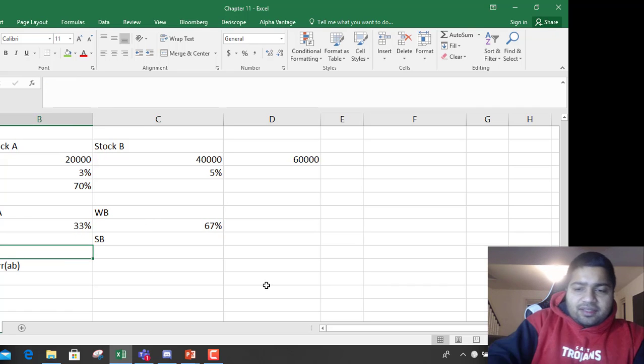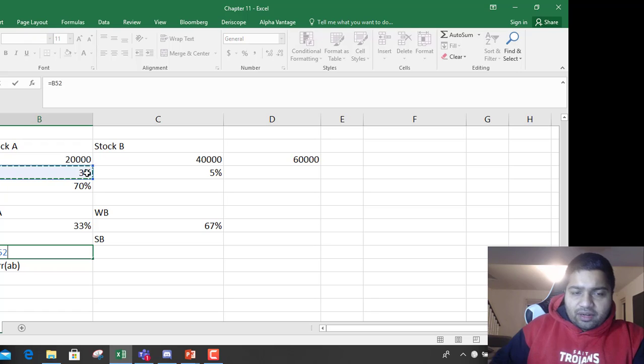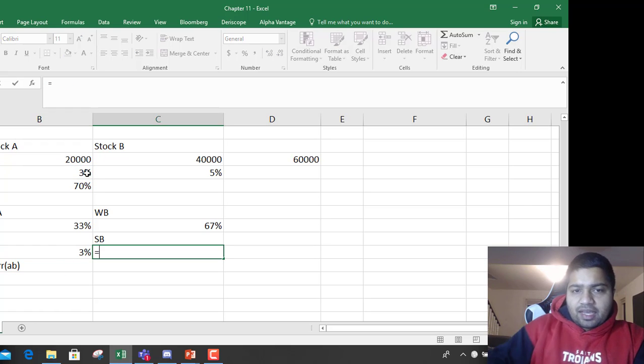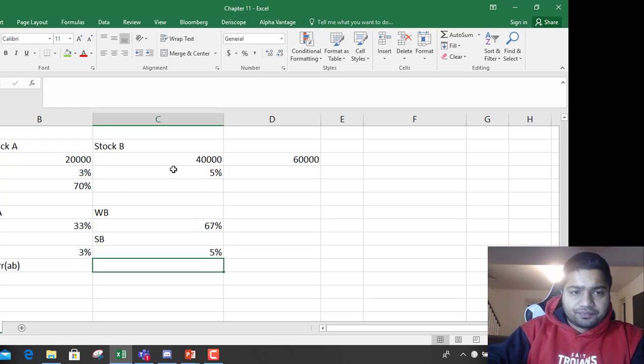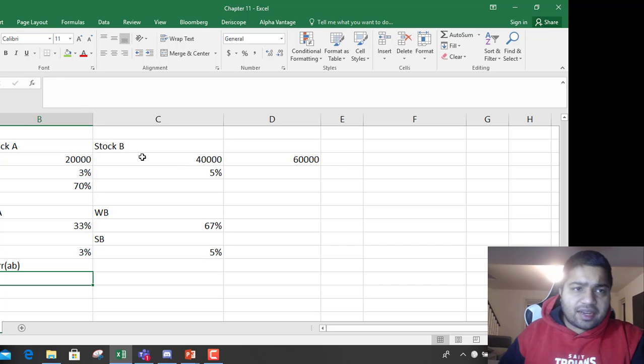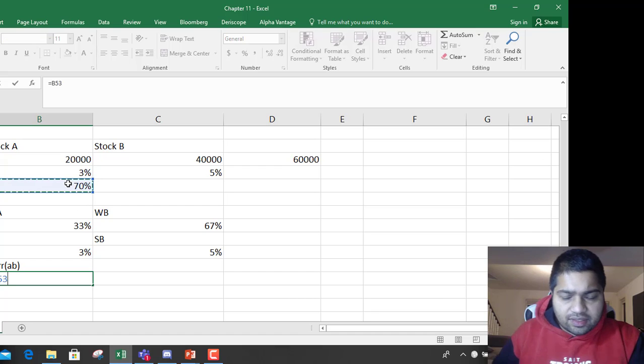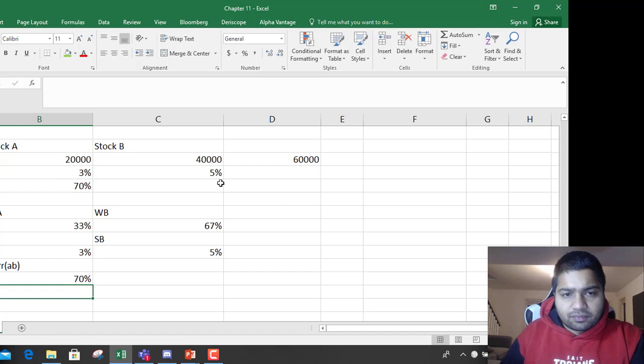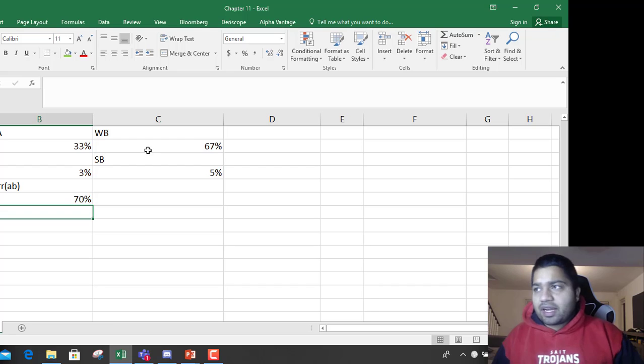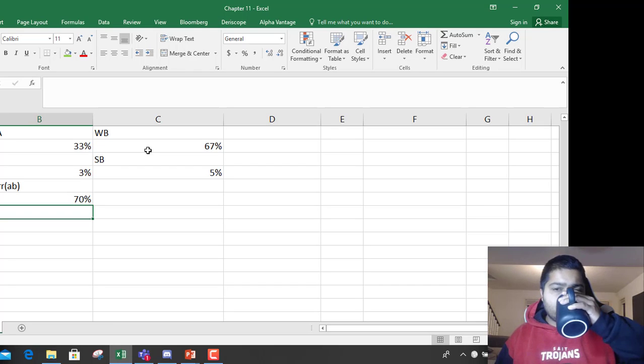Standard deviation A is directly given, so you need 3% and 5%. Correlation is directly given, that is 70%.